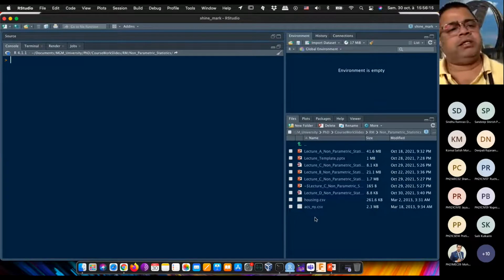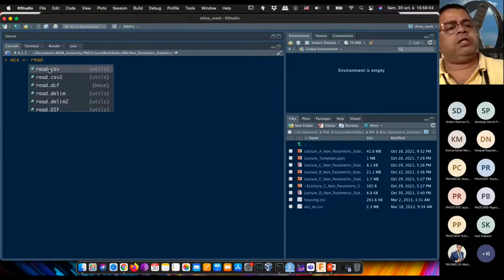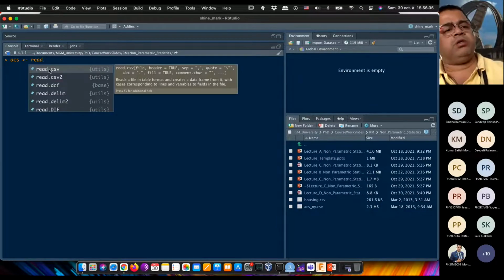Are you able to see that on the right side of my screen, bottom area? So there is this ACS underscore ny. If I have to read it, how is the technique of reading ACS? Either you can say read.csv, or you can also use read.table. So I'm just going to say okay, let us do that, read.csv.